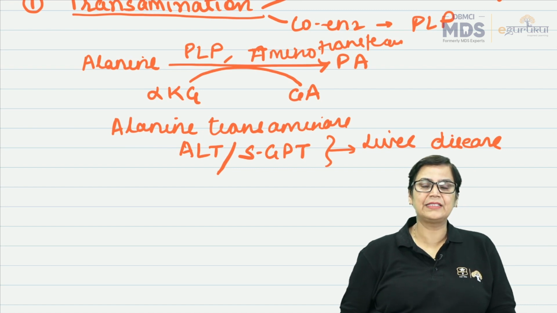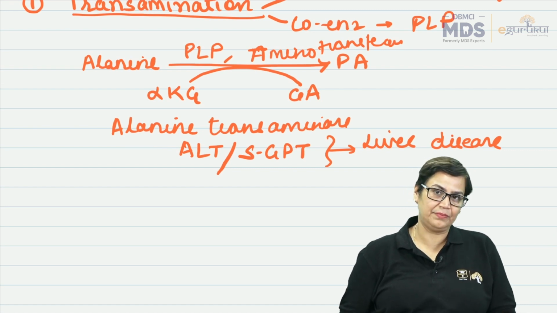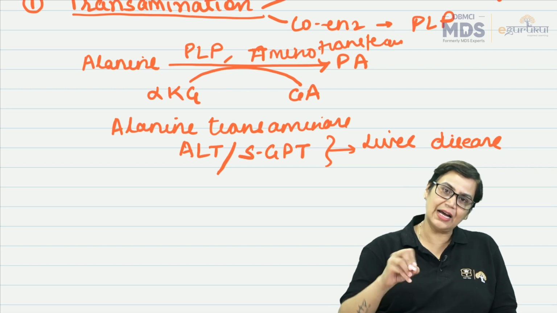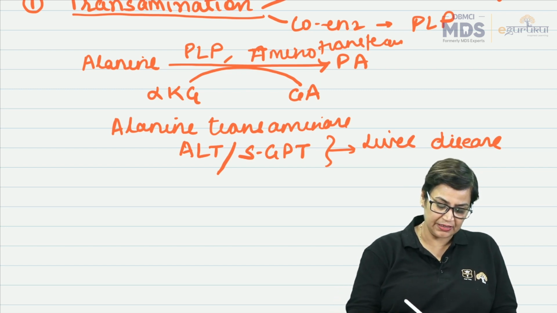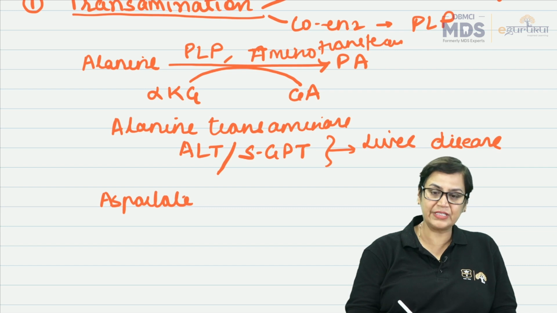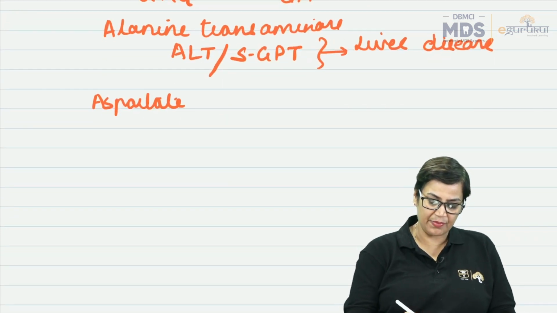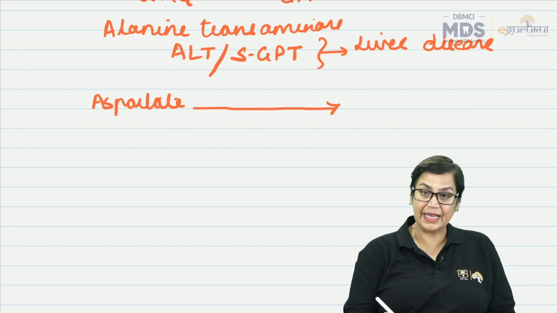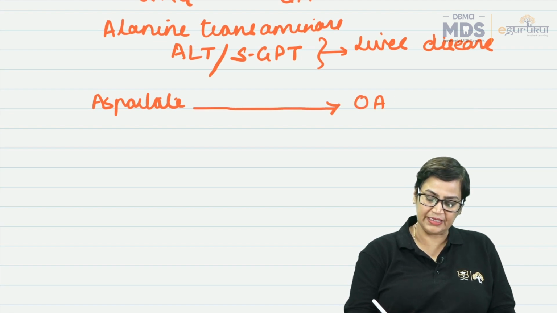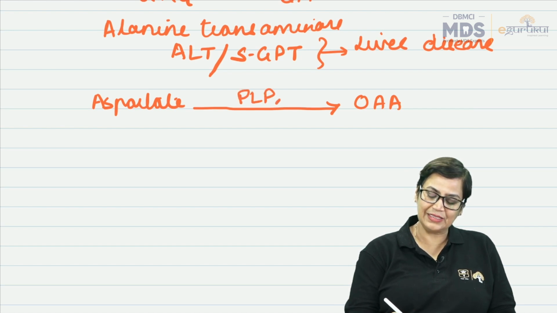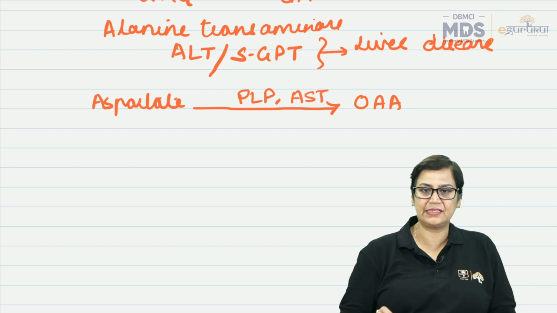So PLP acts as the major coenzyme. Then the second reaction of transamination is aspartate. Look, it is the same reaction, but the amino acid and the keto acid are different. This aspartate gets converted into oxaloacetate. Again, PLP is the coenzyme and aminotransferase, or you can say AST, is the enzyme.